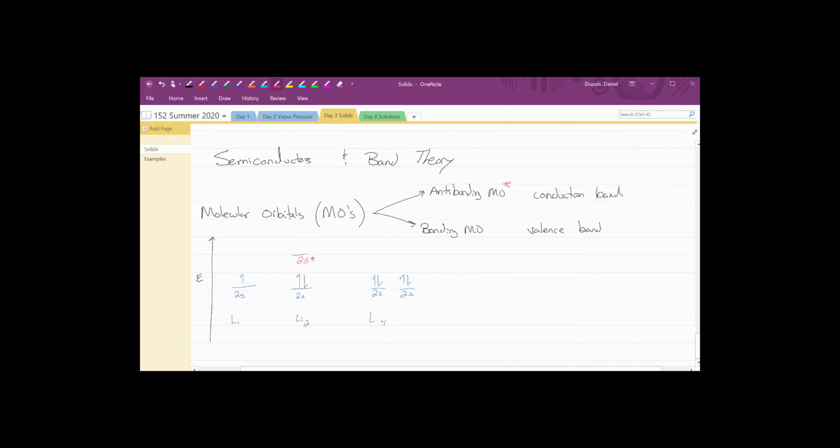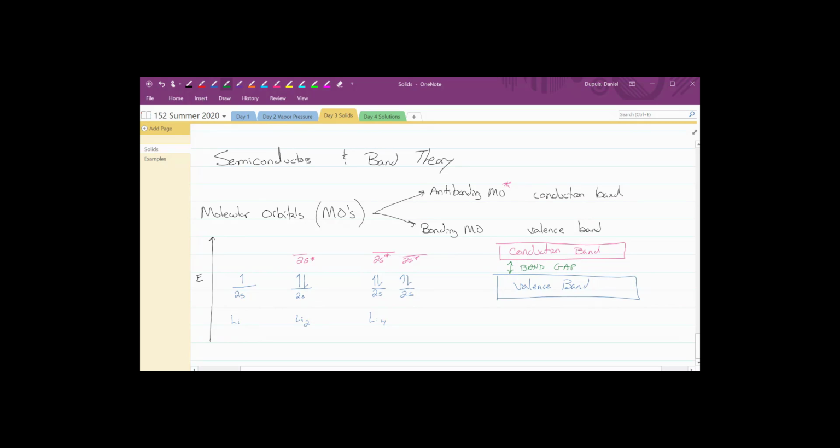A lot of times we do a star there. 2s star, 2s star. And what happens is you get this valence band, and then you get a conduction band. And this distance right here is the band gap.